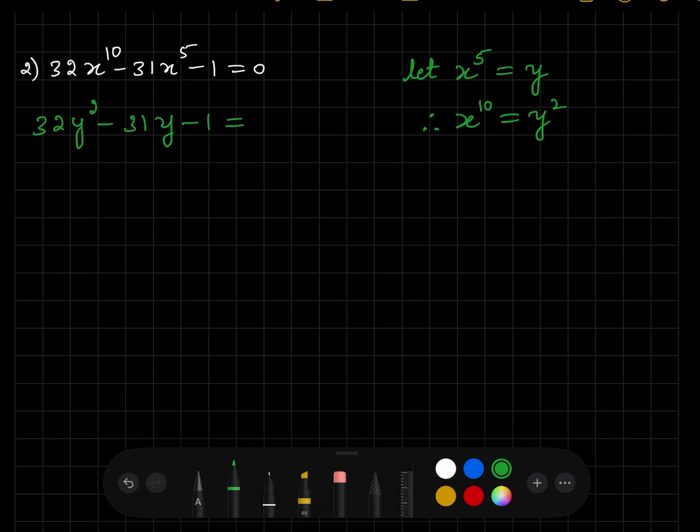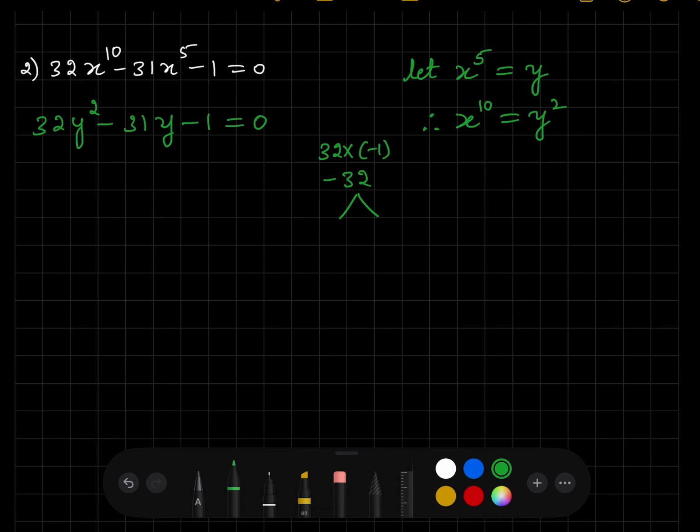Here the coefficient of y square is not 1, so we will have to multiply 32 by negative 1. 32 times negative 1 gives me negative 32, and now I will branch out.